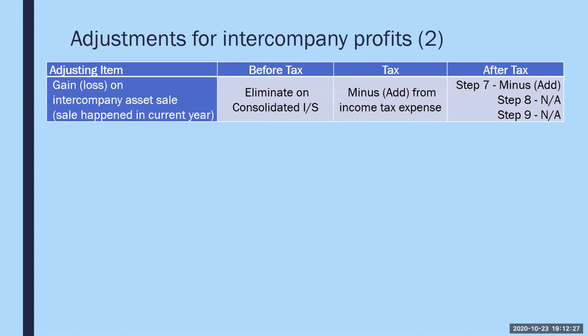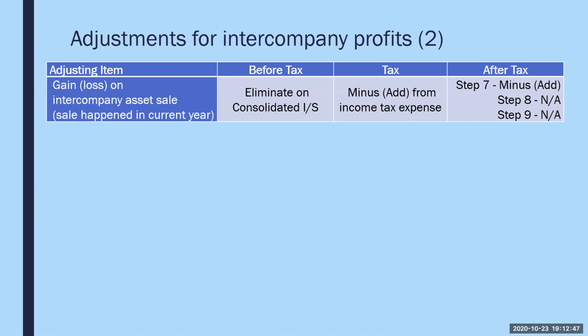So whatever is the gain or loss reported by the selling company, the before tax gain is eliminated on the consolidated income statement. And the amount of the tax is deducted or added from income tax expense, depending on whether there was a gain or a loss.